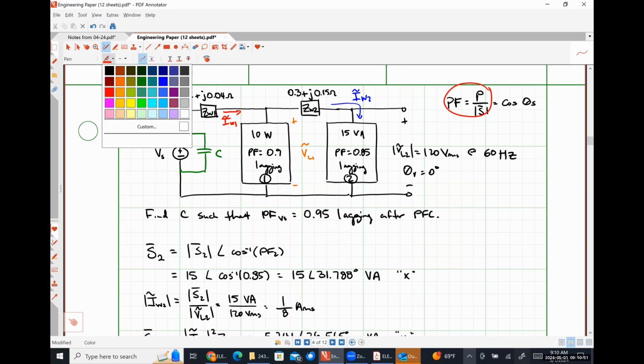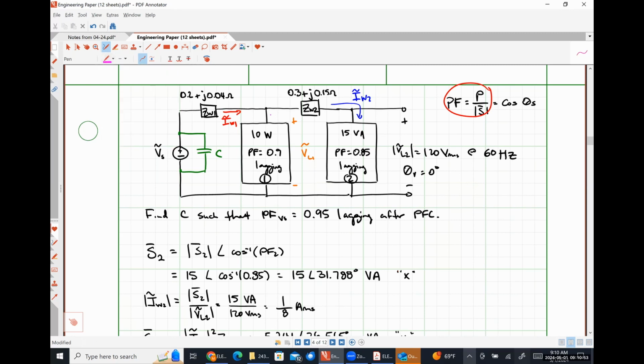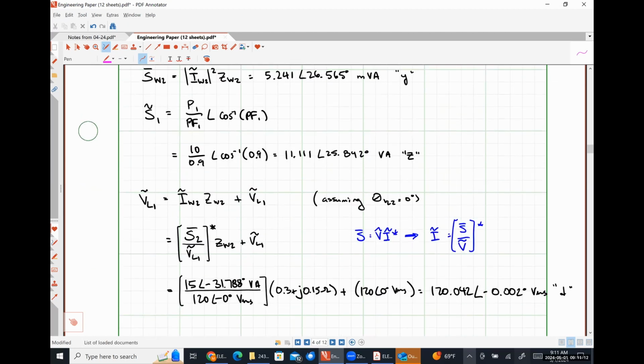I would argue that current IW1 is just the sum of the current flowing down into load 1, which we're going to express in terms of the voltage drop across load 1 and the complex power absorbed by load 1, plus that current IW2, right?